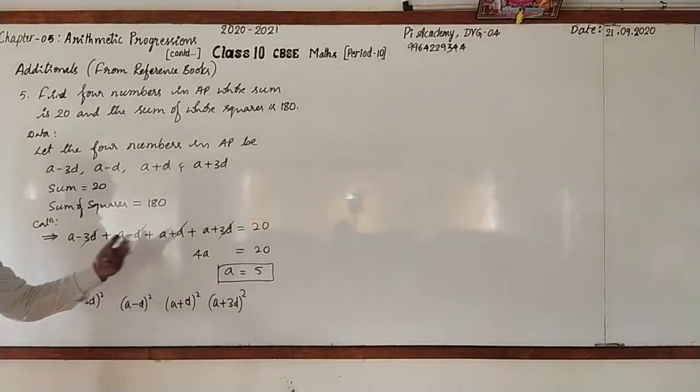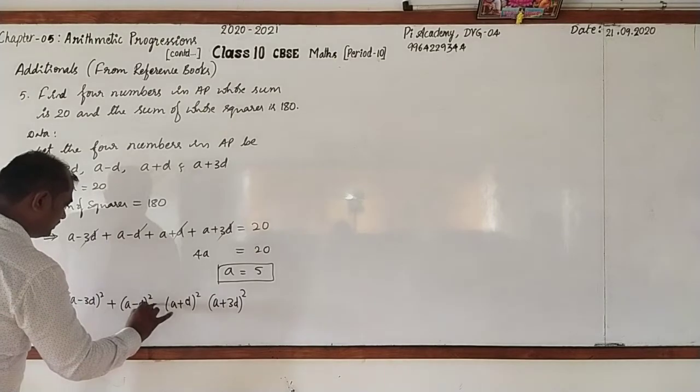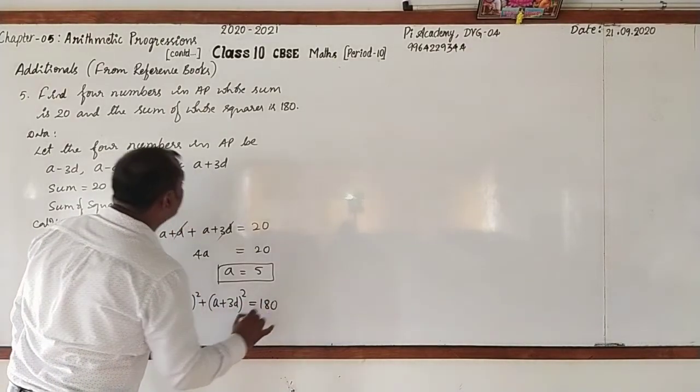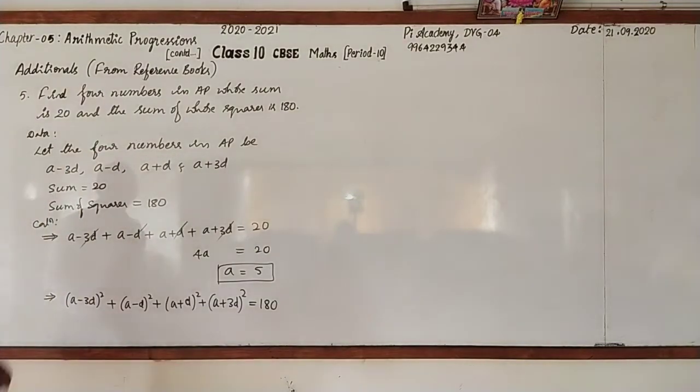Sum of squares of all the terms, I'll write a plus sign, here also plus, which is equal to 180. Followed?